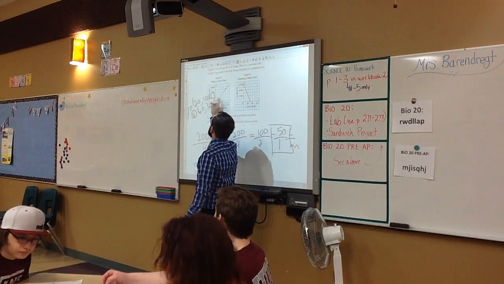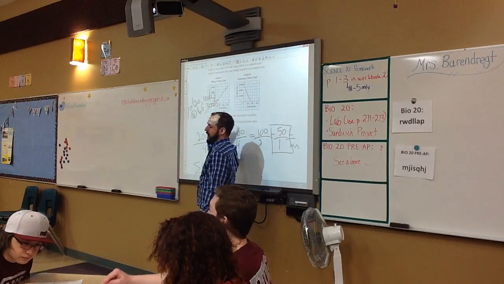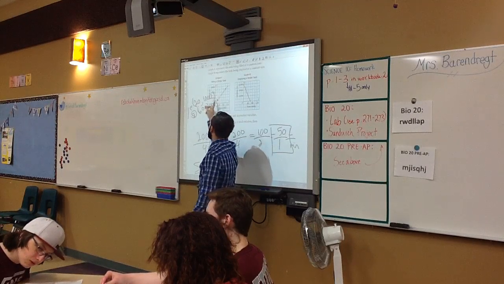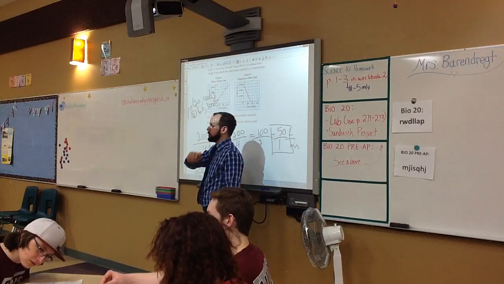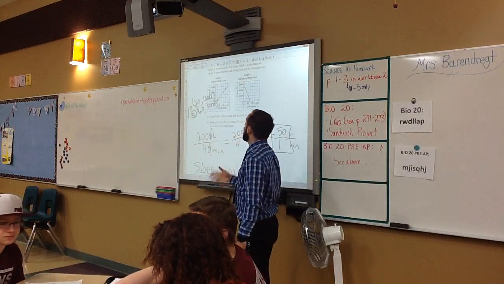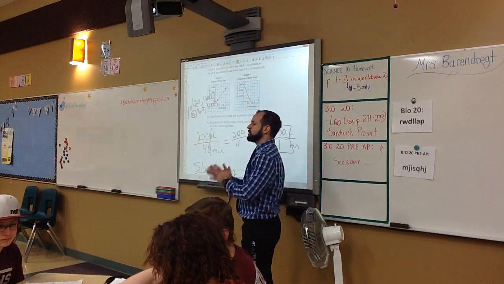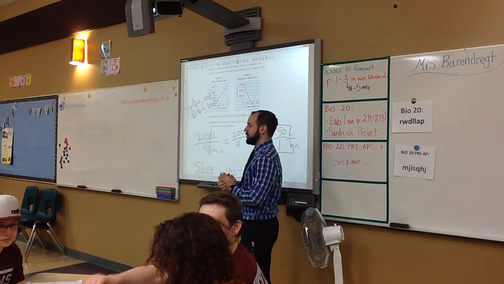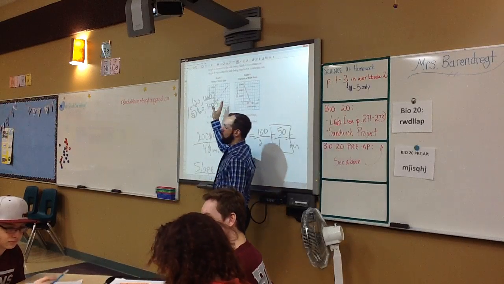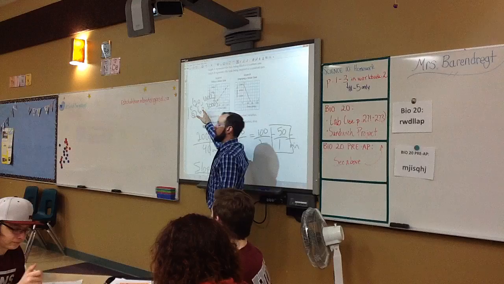Just because it's not indicated doesn't mean I can't use it. If I can identify and say, yes, that's 20, 40, use it. Make sense? I can literally use any and all of those points. The only thing I have to make sure of is that point 1 is on the left, point 2 is on the right.